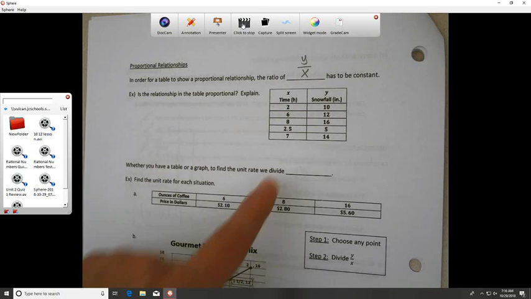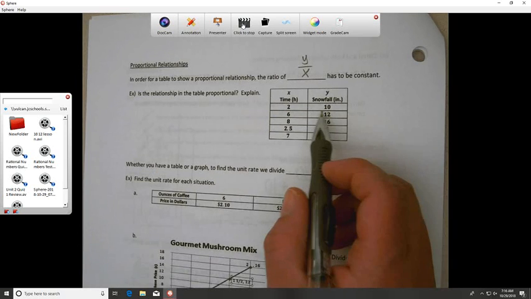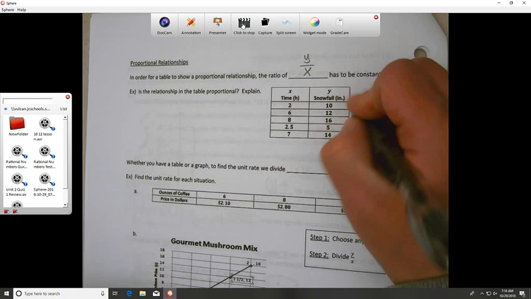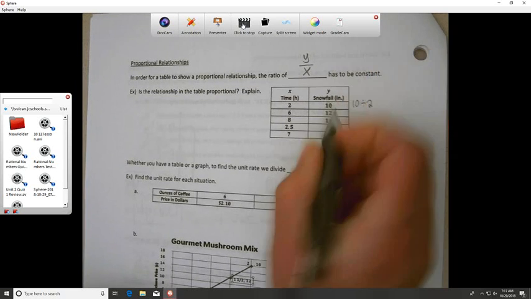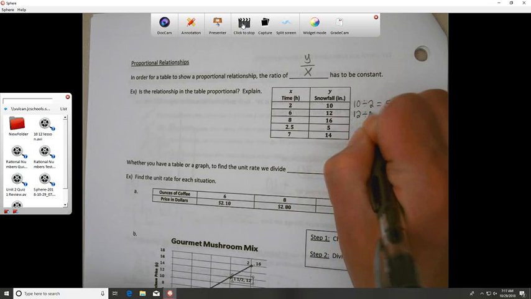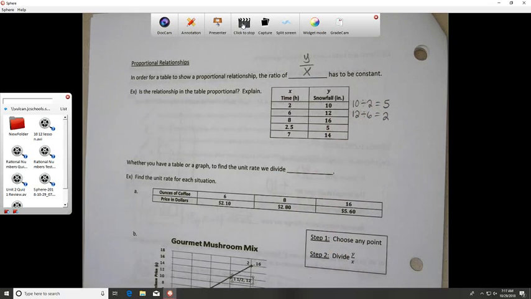And explain. So I'm just going to take each point on here and I'm going to divide y divided by x and see if I get the same thing. So 10 divided by 2 would be 5, and then I go to the next one, 12 divided by 6 is 2. I can stop right there. Okay, those aren't the same. So now I need to explain.